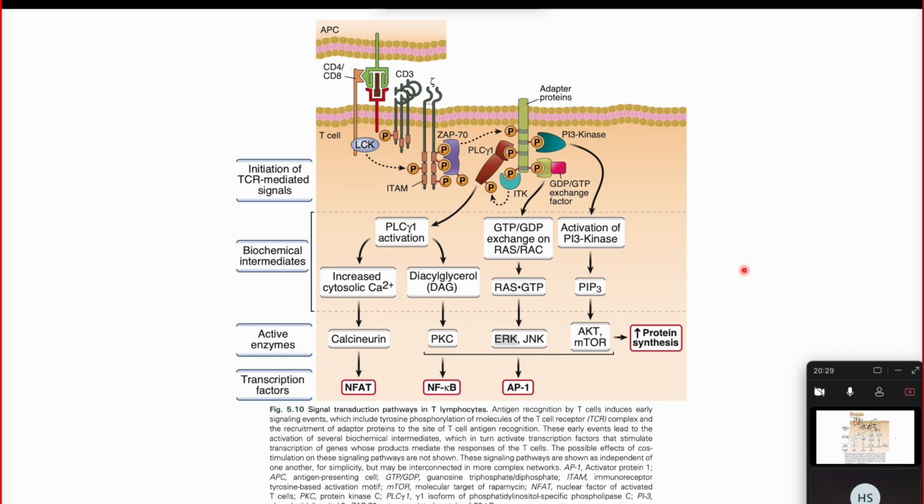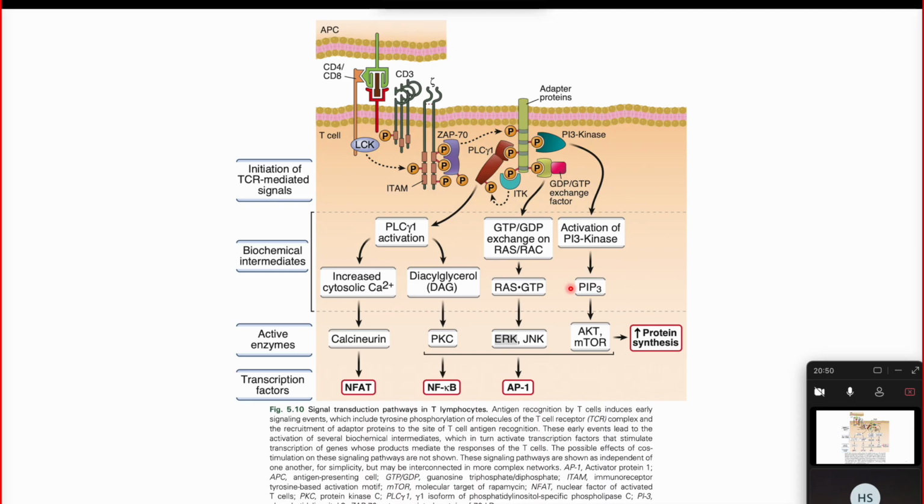Few of the signalings you can see, these are major signaling pathways. It can be via RAS GTP, via PIP, via PI3 kinase, via calcium, AKT pathway, ERK JNK pathway, PKC pathway, calcineurin pathway.